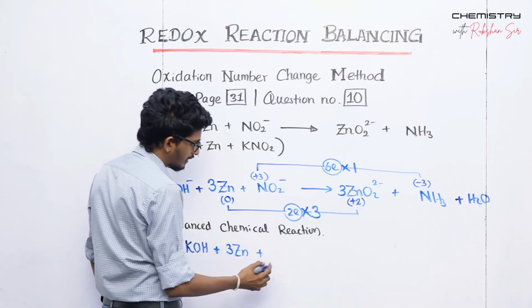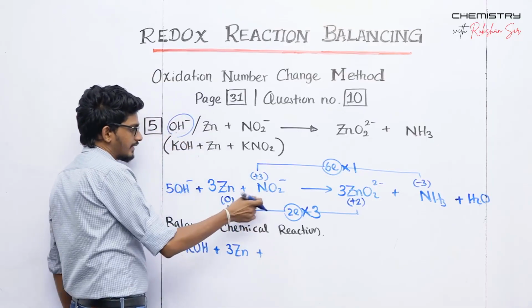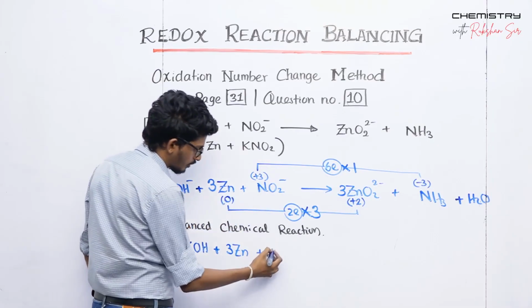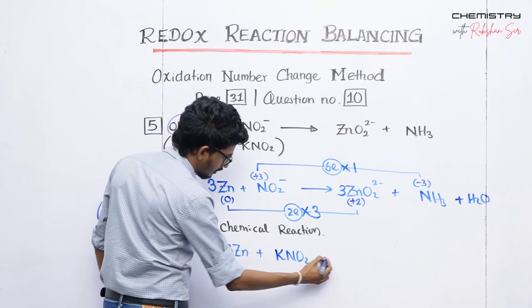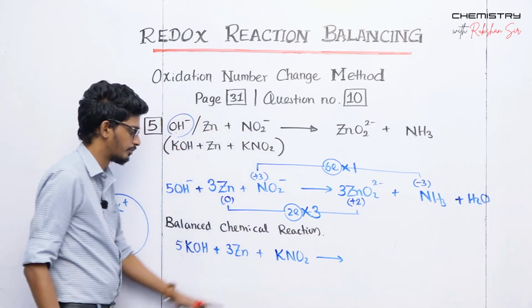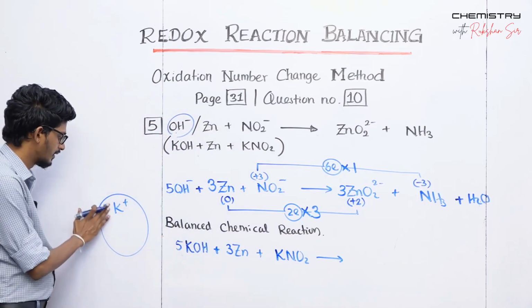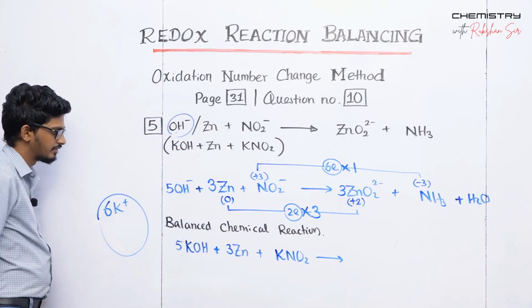Then as the NO2 minus ions, they have given you the KNO2. So KNO2, we need only one such species, right? So by hand another 1 K plus is added altogether. The amount of K plus added to the left hand side is 6, right? Okay.